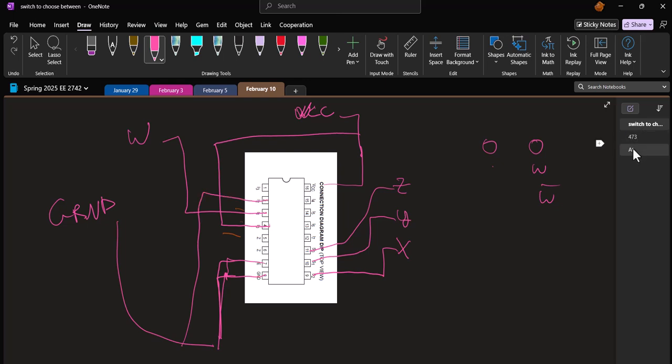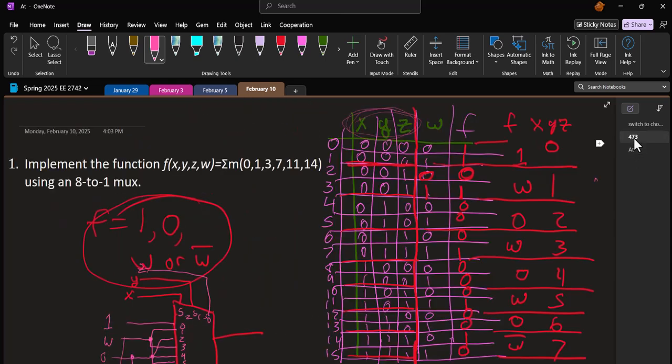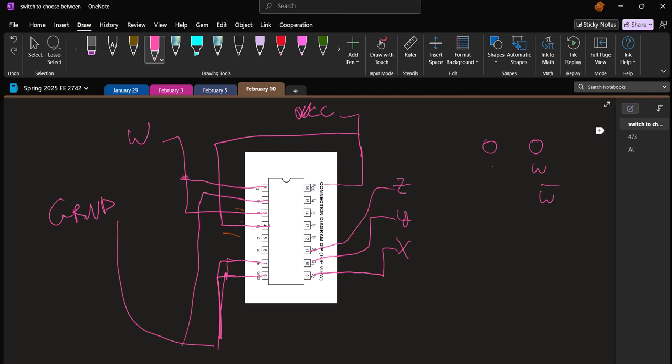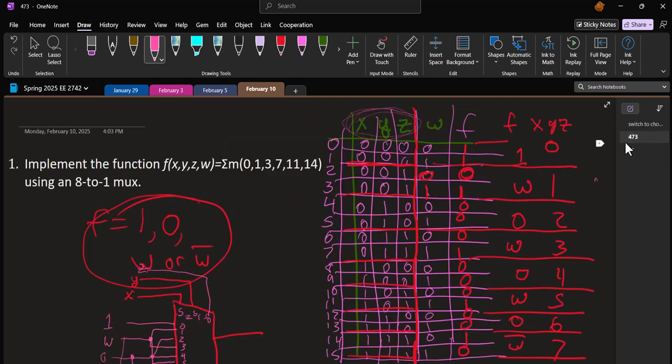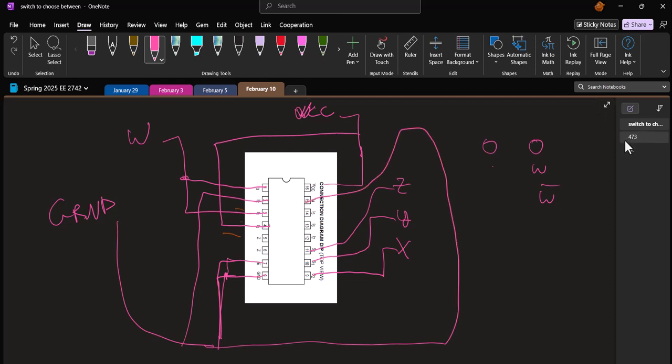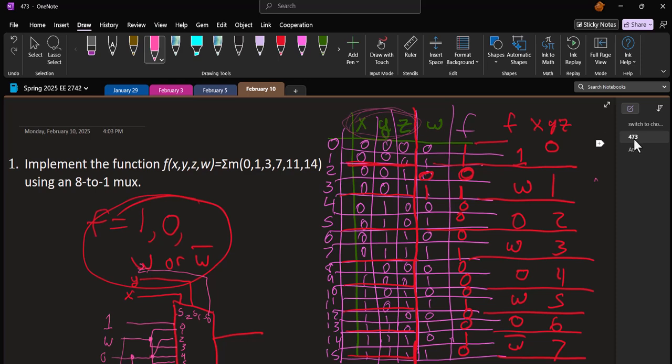And then, I'll get it right eventually, 3 is W. So I3 is right here, and I'm going to have switch W going into that. 4 is 0, so 4 is going to be ground. Five is W.